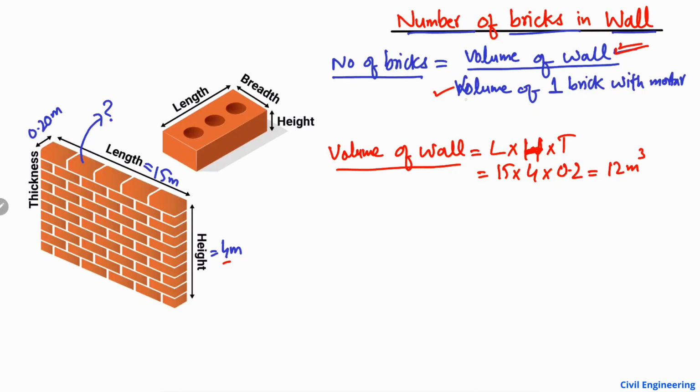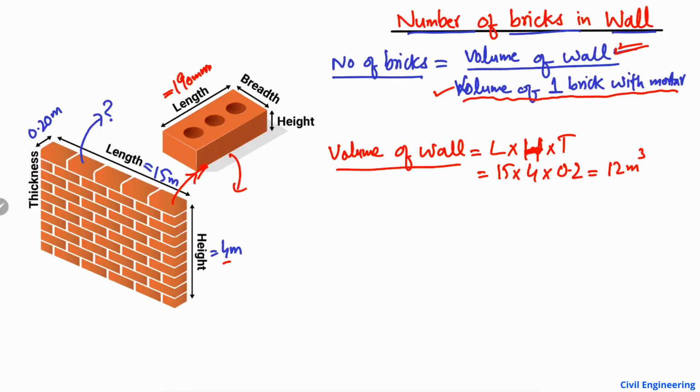Now the second term is the volume of one brick with mortar. According to many standards, the length of the brick is called the stretcher. This is one brick, which I took as an example to show. This is the stretcher, or the length of the brick, which is mostly 190 millimeter in most codes or countries.